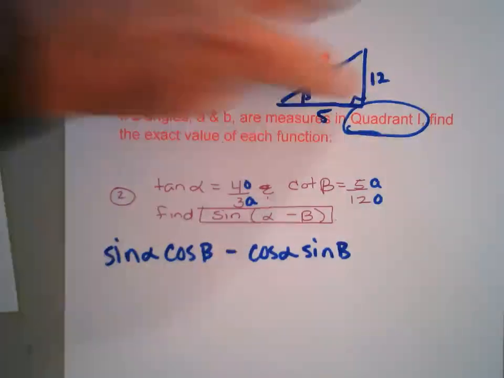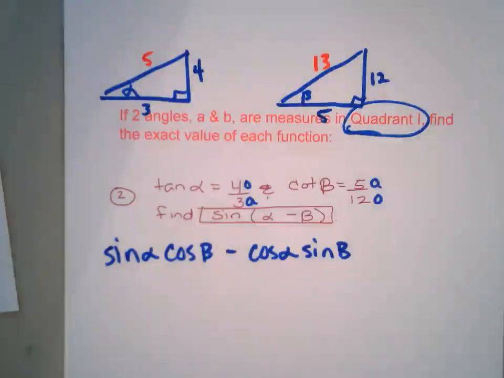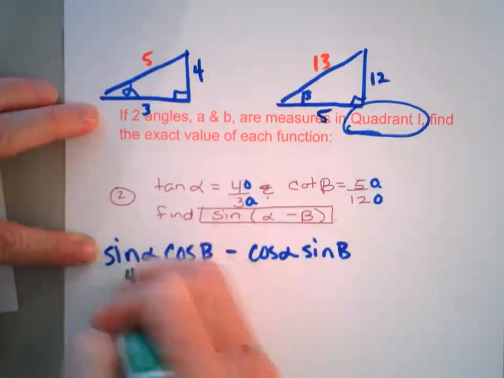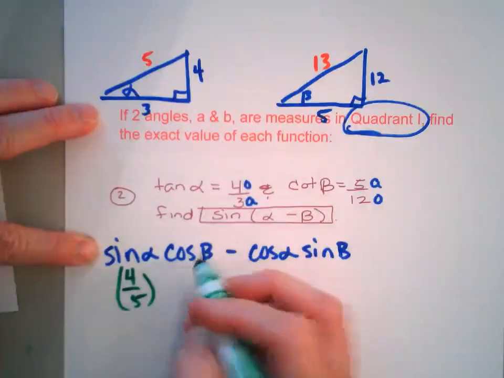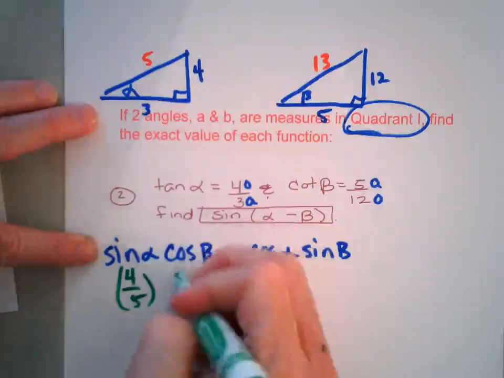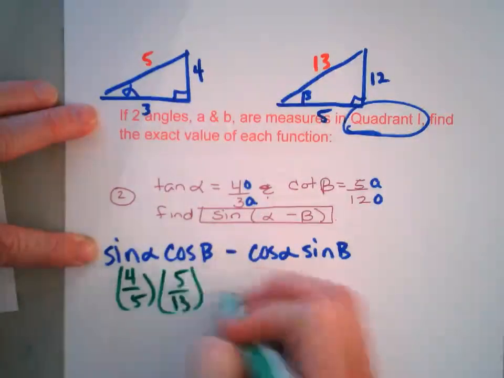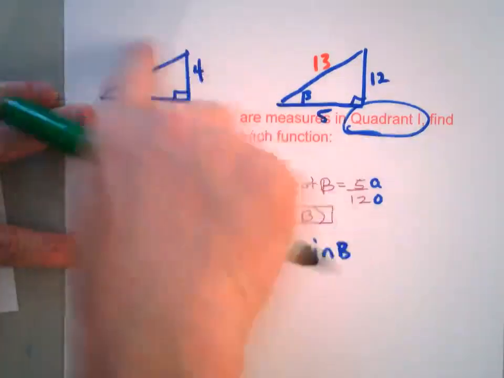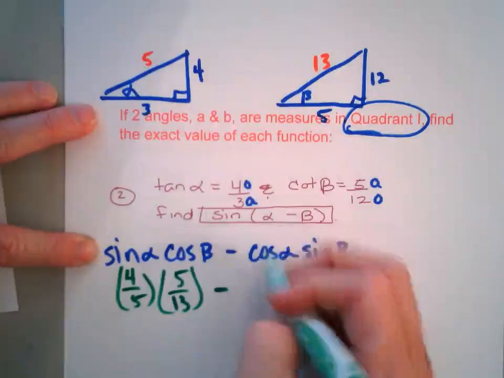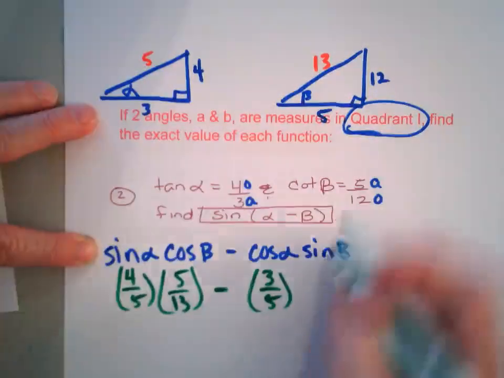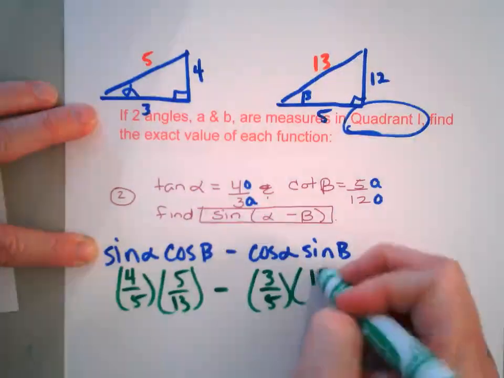Okay, grab some fractions from the two triangles up top. The sine of alpha is 4/5. Cosine of beta, 5 over 13. Subtract cosine of alpha, 4/5. 3/5. Adjacent over hypotenuse. And the sine of beta, 12 over 13.